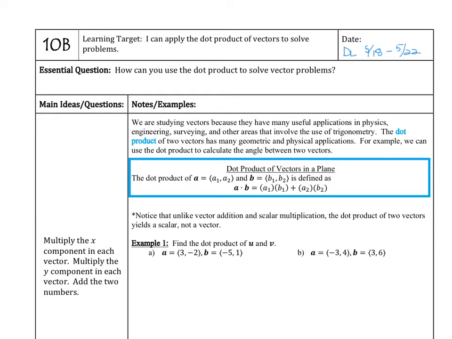Also keep in the back of your mind as we're going through all the mathematical part of it, that in physics we use vectors for engineering, with surveying, astronomy. You see solar panels on the top of houses now for power.